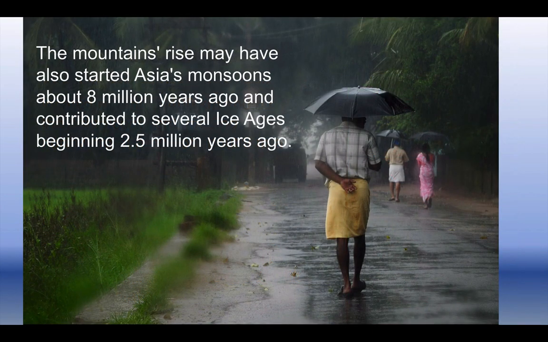The impact that had on climate was profound. We see areas to the south that are affected by monsoons, these very heavy seasonal rainfalls, may even have contributed to the cooling of the earth in the Quaternary with this reduction of heat transfer from the tropics to higher latitudes.